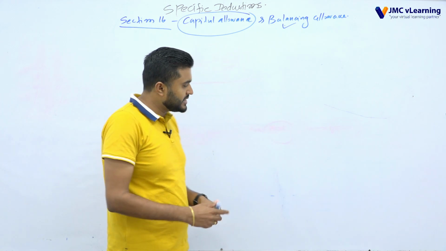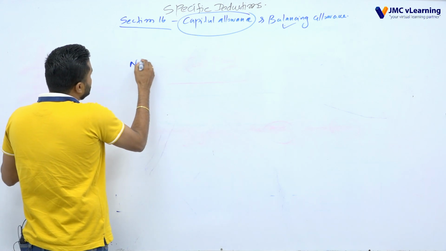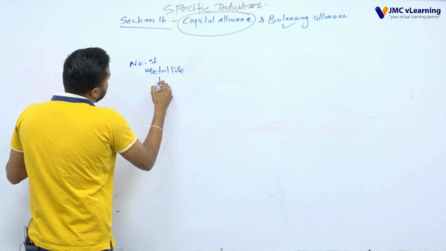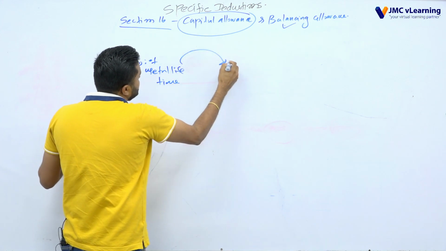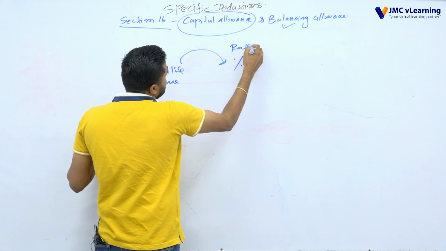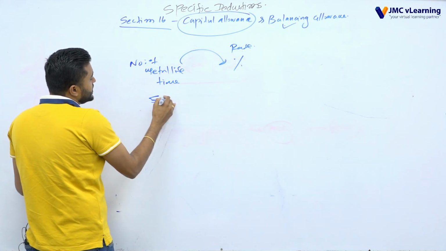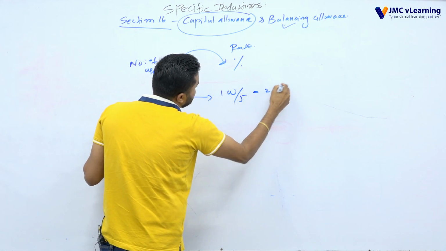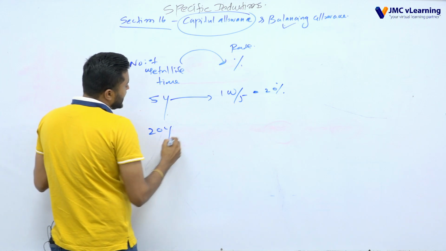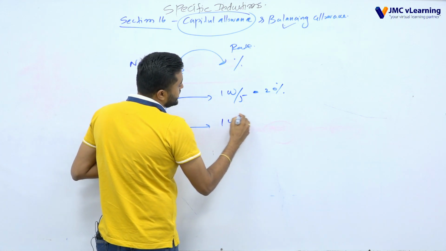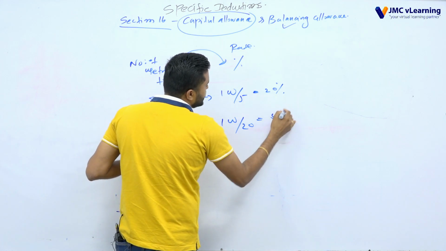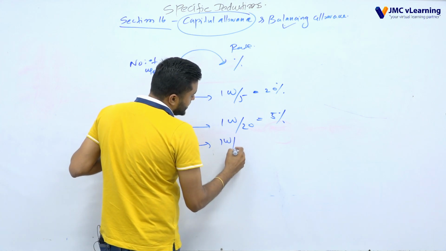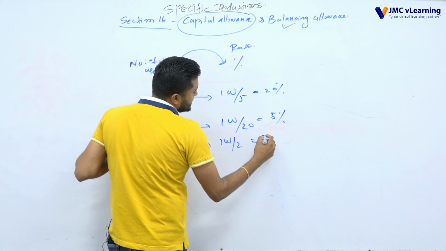Then how can you convert the useful lifetime to a percentage rate, the capital allowance depreciation rate? If the lifetime is 5 years, you convert it as 100 divided by 5, that is 20%. If the useful lifetime is 20 years, then 100 divided by 20, the rate will be 5%. If the number of years is 2, 100 divided by 2, then the rate becomes 50%.